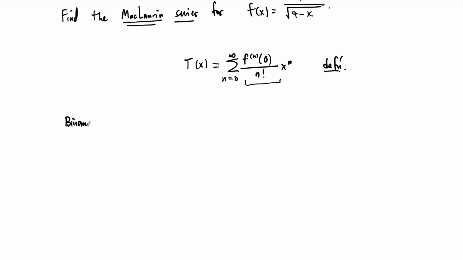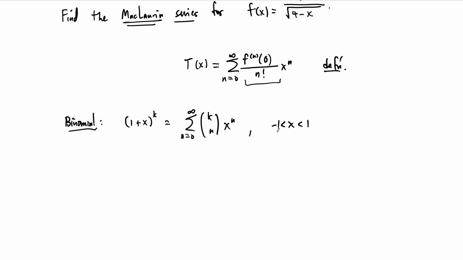The binomial series applies when you have a function of the form 1 plus x to the power k, right? And this is equal to the sum, n goes from 0 to infinity, of the binomial coefficients, sometimes read as k choose n, times x to the power n, and this one converges. We're told that this converges between x equals -1 and 1.